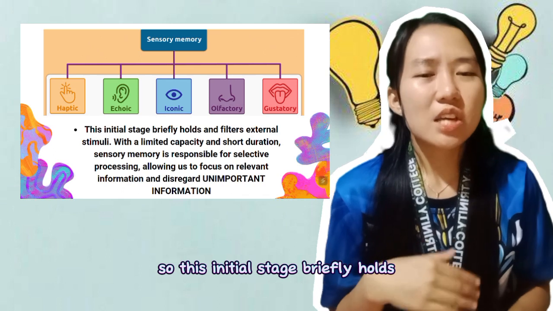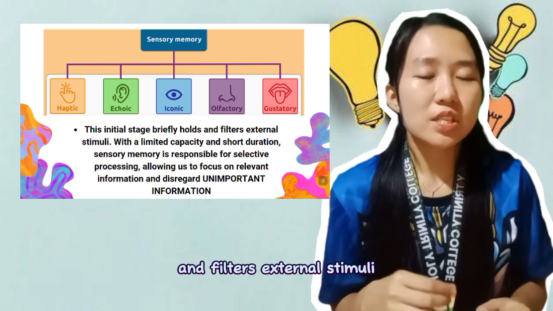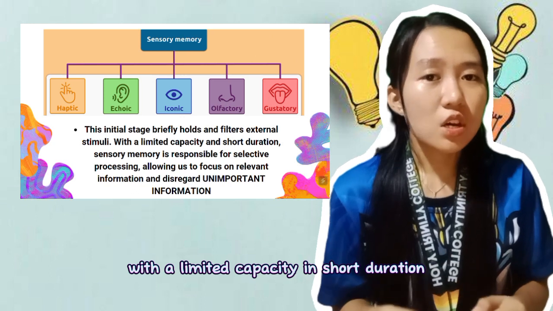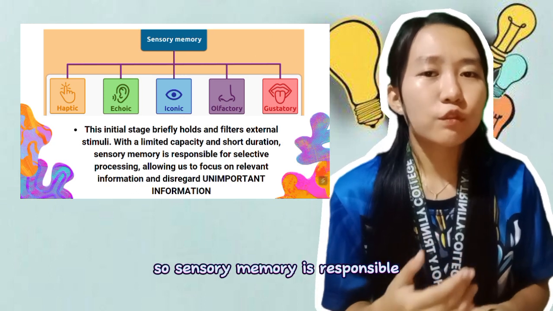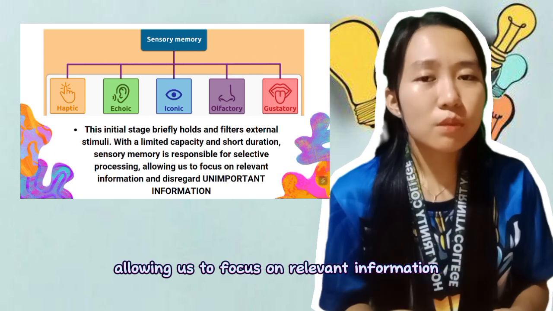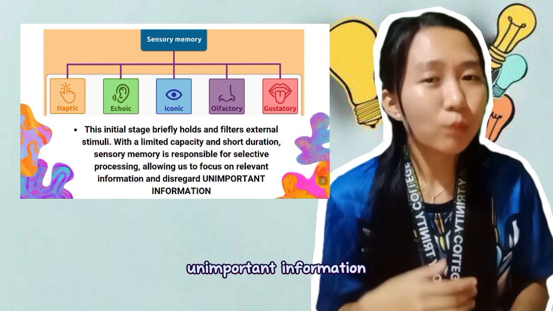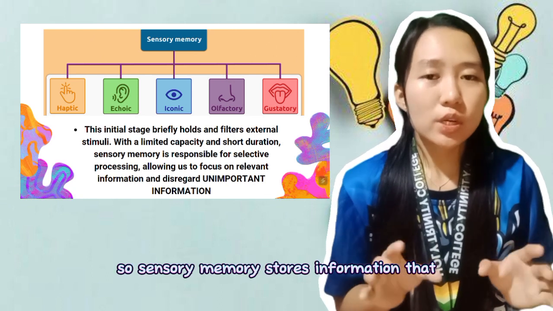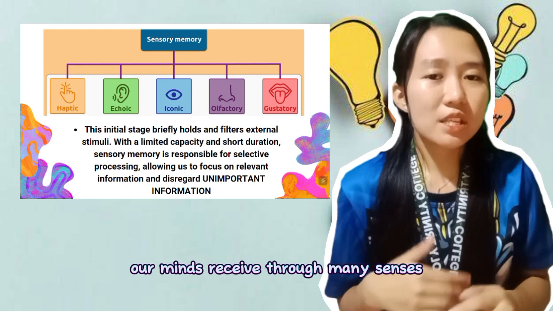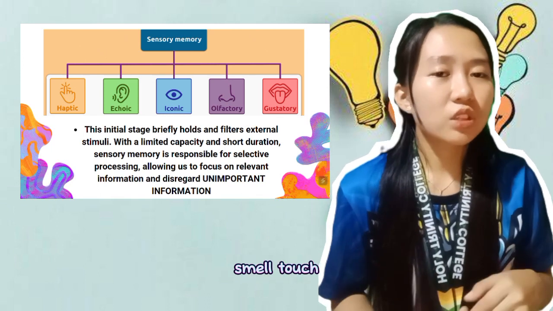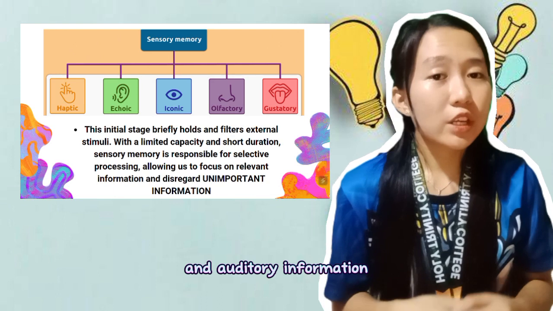This initial stage briefly holds and filters external stimuli with a limited capacity and short duration. Sensory memory is responsible for selective processing, allowing us to focus on relevant information and disregard unimportant information.